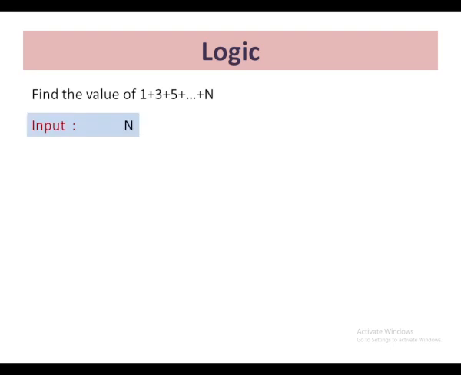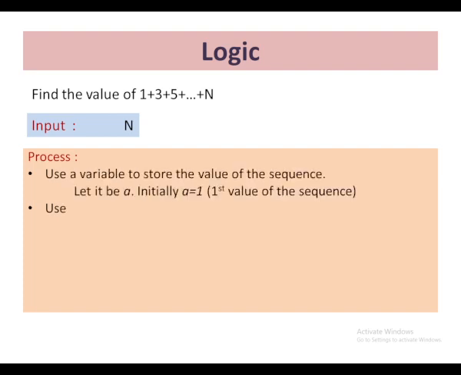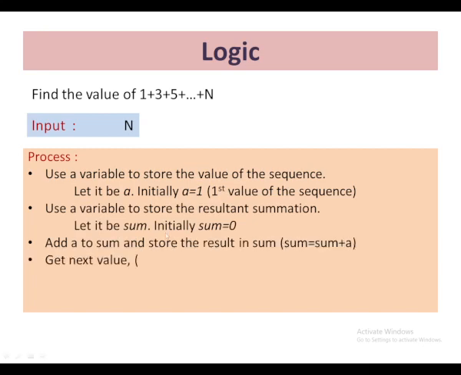As usual, the input is n. The process is, here also you use the same two variables: a, which is initialized to 1, and sum, which is initialized to 0. Then you add a to the sum and store the result in sum, and get the next value. The next value is 2 added to the previous value, so you write a is equal to a plus 2.